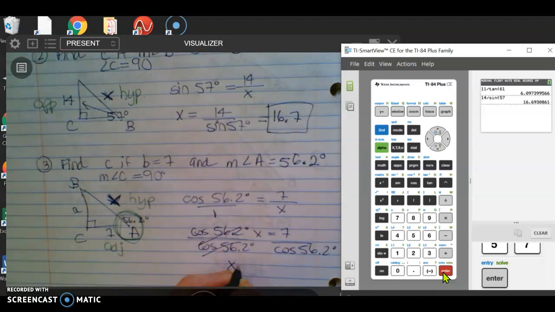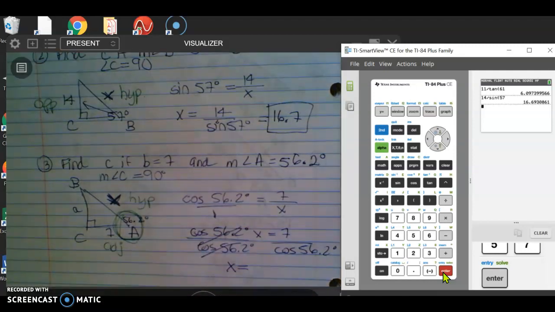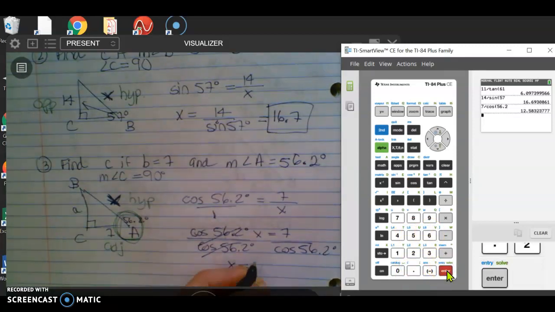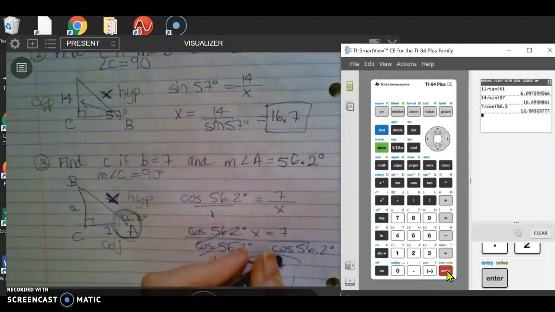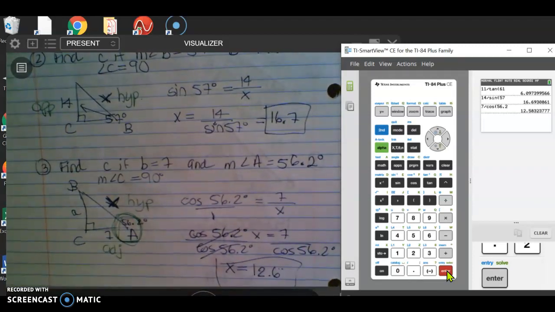Okay, so x is equal to that in my calculator. 7 divided by cosine 56.2. So these problems you cannot do without a calculator, okay? So 12.6, and that's not degrees. I started to write a degree mark, but that is the length of the side.